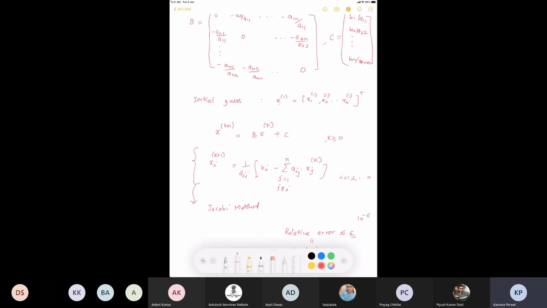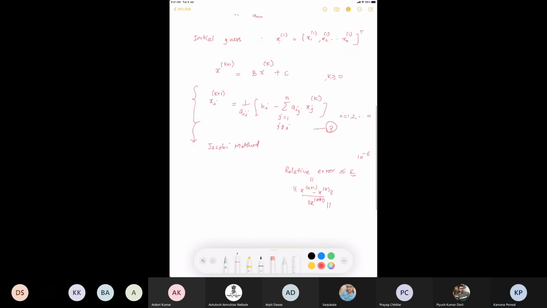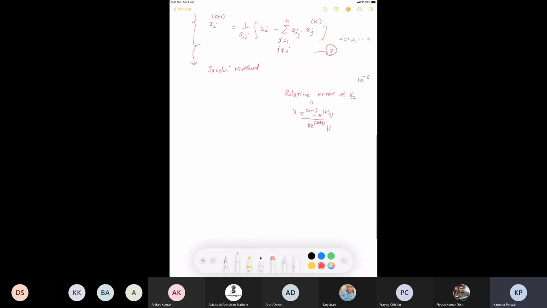So we obtained that if A is a diagonally dominant matrix, that is, if I sum all the non-diagonal entries from the ith row, this is going to be less than or equal to the absolute value of aii, and this holds for each i.